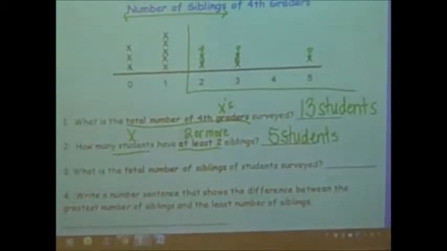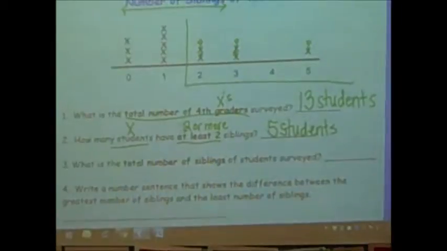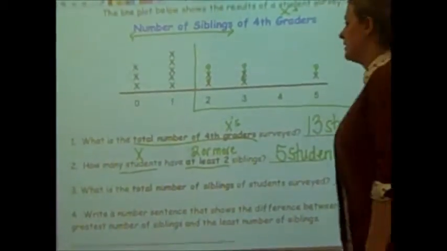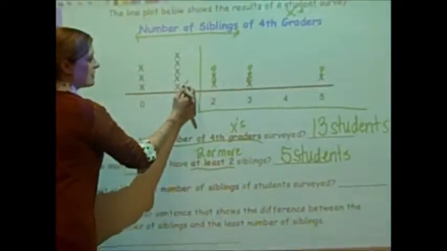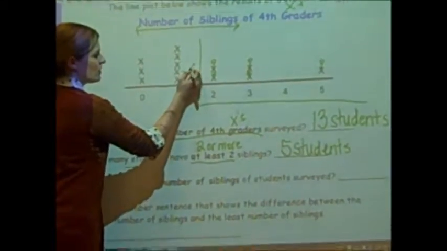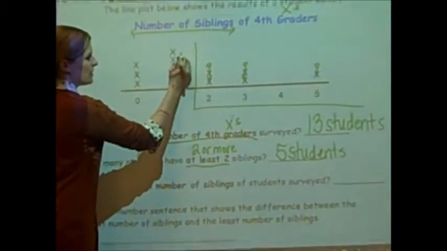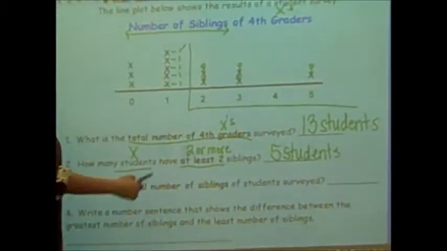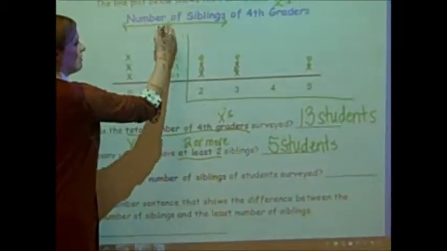Number 3 is a tricky one. What's the total number of siblings? Are you counting the X's this time? No. Now you're saying this child here has 1 sibling, this child has 1 sibling, this child has 1 sibling, this child has 1 sibling, and this child has 1 sibling. Which makes this column a total of 5 siblings.